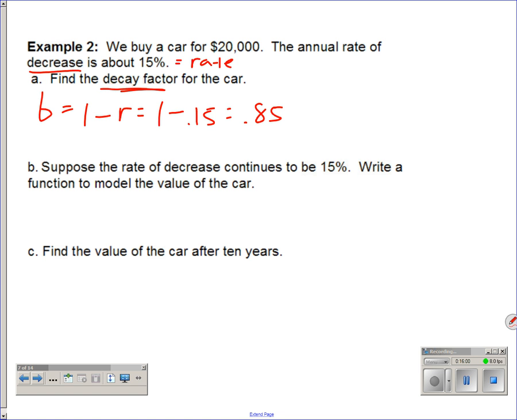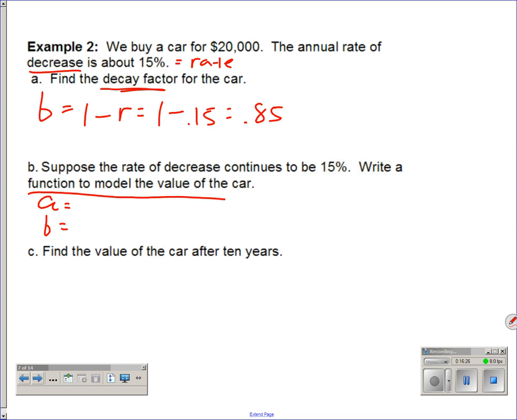It decreases by 15%, I'm left with 85% of the value. You see the difference? All right, so we have B, and then the next question says, suppose the rate of decrease continues to be 15%, write a function to model the value. If we ever need a function, all we need to know is what A is equal to and what B is. And we're good.